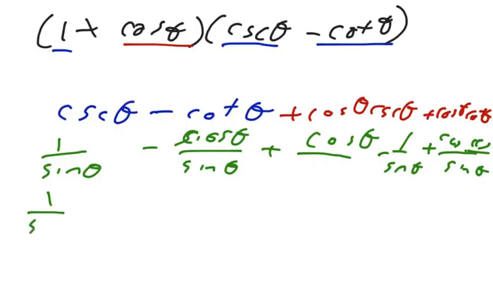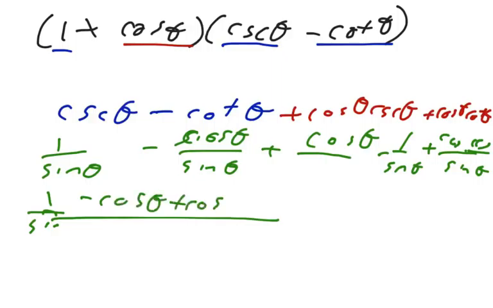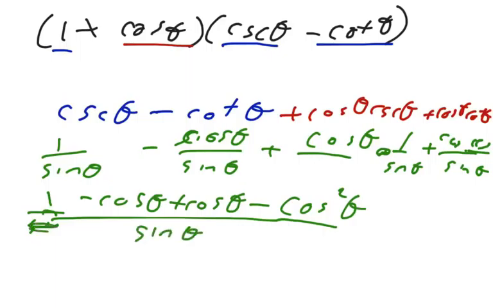So all of these have a sine theta in the bottom. So I got 1 minus cosine theta plus cosine theta minus, this was the times up here, cosine squared theta, all divided by sine theta.